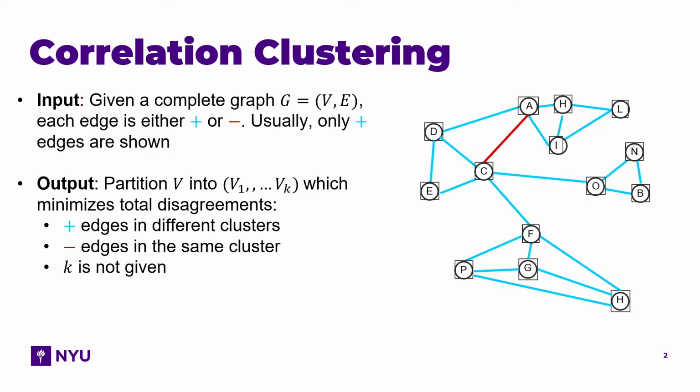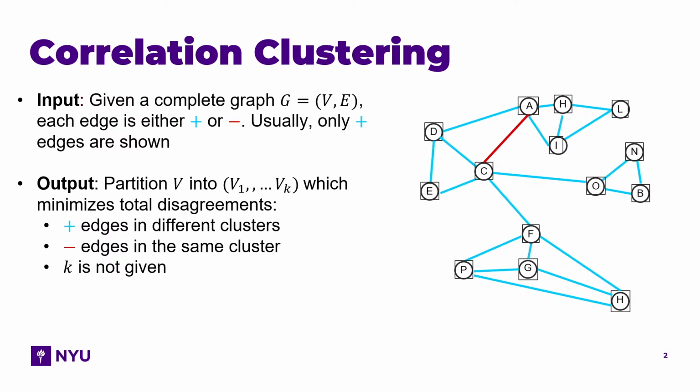Once we have this input graph, what's the target for this problem? We want to partition the nodes into groups which minimize the total disagreements. What is a disagreement? It is a positive edge across different clusters. A positive edge means they are similar, but we separated them, so it's a disagreement.